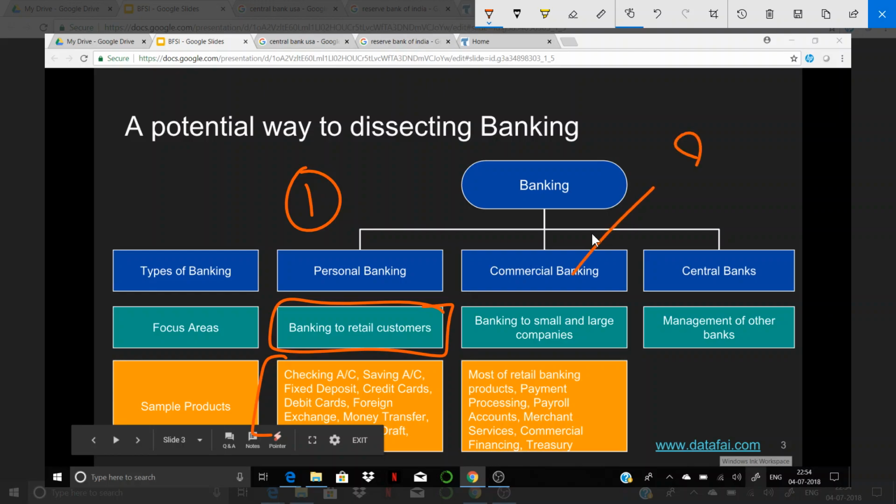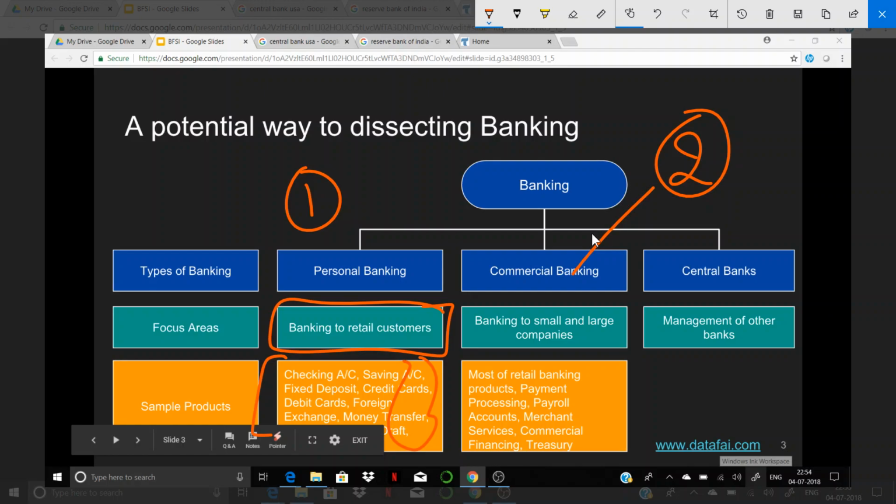On the other hand, commercial banking will be having most of the products that you saw in personal banking, because even the businesses need some of those products and services as well, right? In addition, they will have some of the things which are only focused on the bigger enterprises, like payroll accounts, right? So if you happen to have a big company, you will have a lot of team members in your team as well, right?